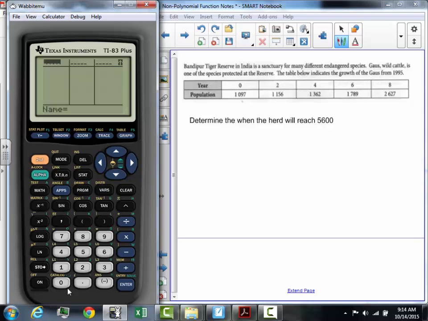So I go second L1, second L2. By the way, it actually might bring the data back with it. You guys see how I brought L2 back up? And then there's now data with it. So to get rid of that data, don't press delete, press clear. And it'll get rid of all that data for you.